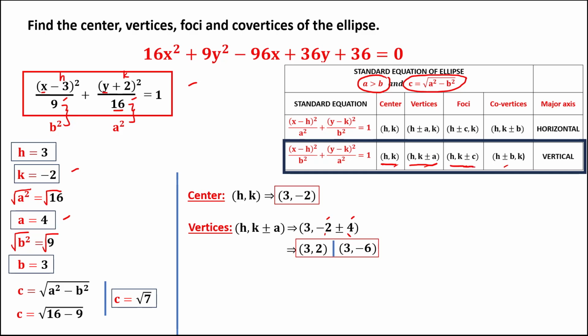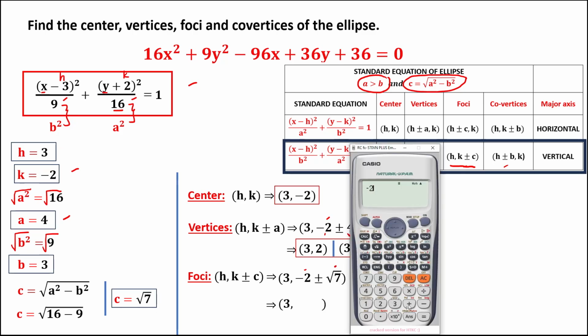Then for the foci, this formula, and substitute now all the values. So we have h is 3, k is negative 2, and c, that's square root of 7. Then to simplify, negative 2 plus square root of 7, that's 0.65.